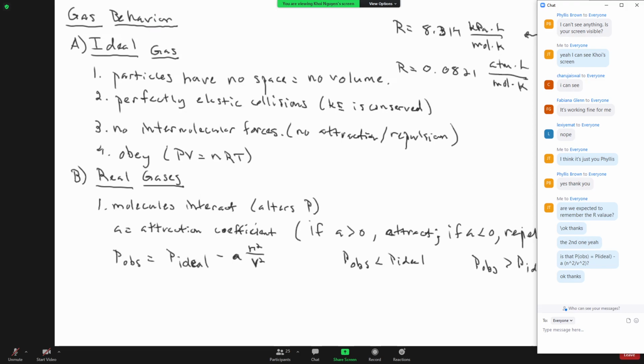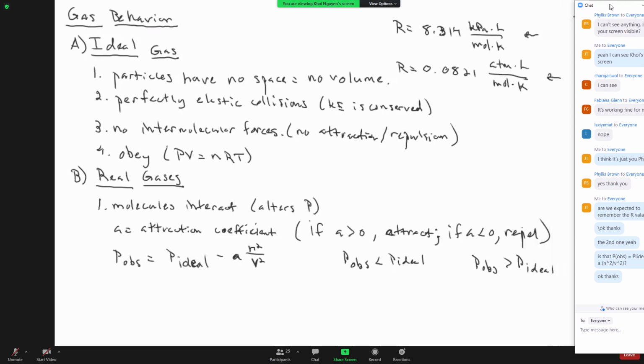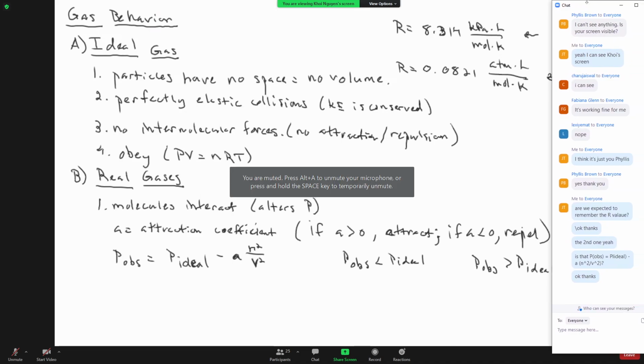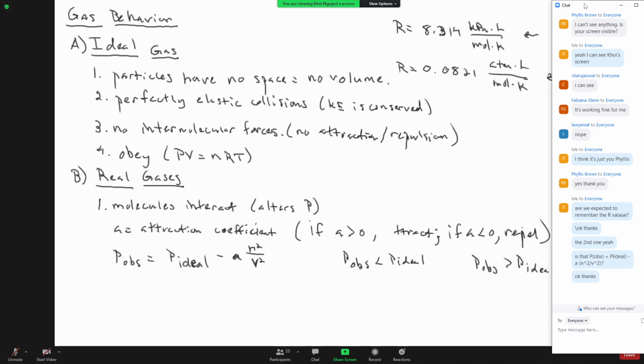So P observed is going to be greater than P ideal in this case, because the molecules repelling from each other gives you more collisions in the system. Therefore, increased collision force, increased collision frequency due to that repulsion of those molecules having dipole-dipole interactions or ion-dipole interactions.